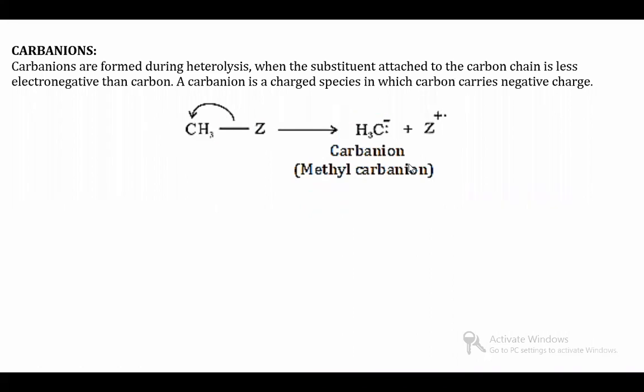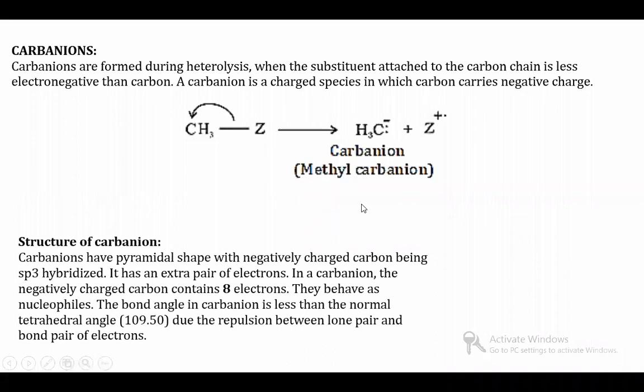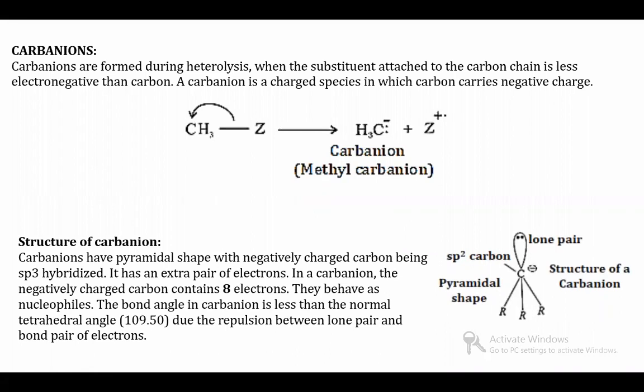So we'll see next the structure of the carbanion. The carbanion has a pyramidal shape. It has an additional electron.